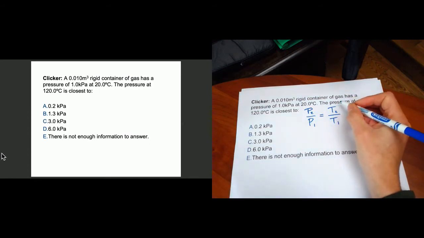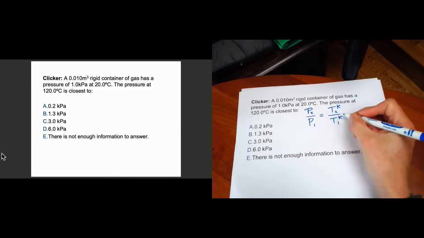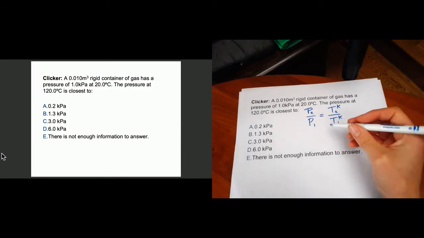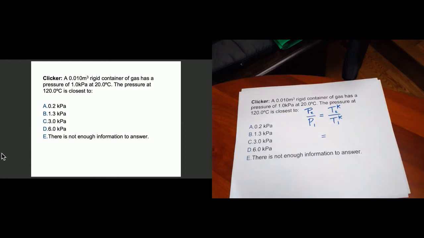This proportionality relationship is only true if we use the Kelvin scale. So I'll write T2 Kelvin over T1 Kelvin to emphasize that this is only a true equation if we're using our temperatures in Kelvin. And in this question, the temperatures are in degrees Celsius.